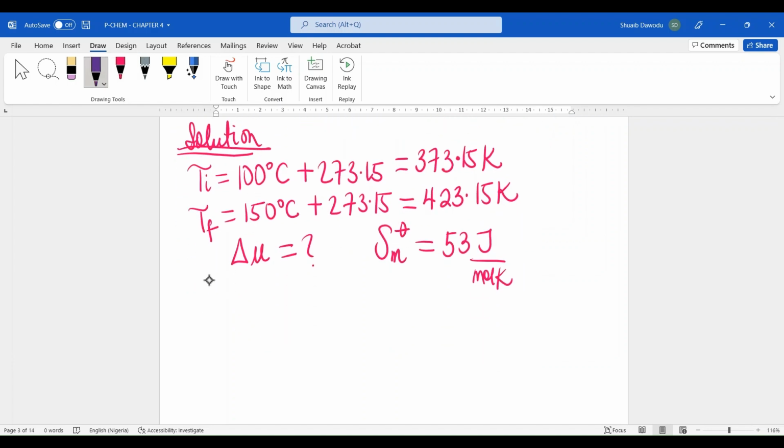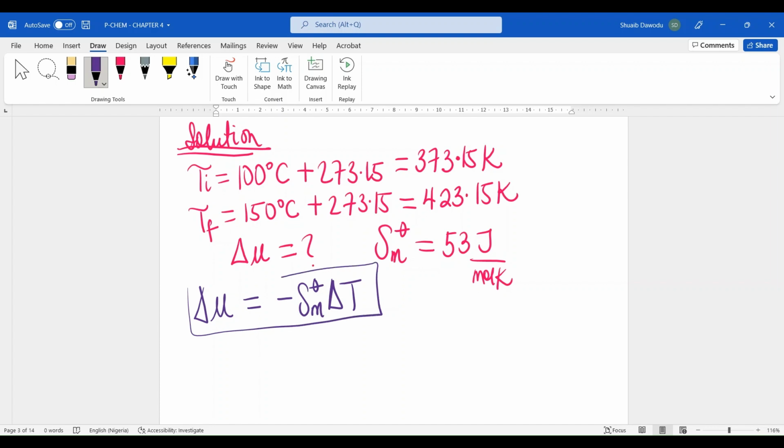So, the next thing we have to do is to write out the formula for finding molar entropy at constant pressure whenever there's a temperature change. So you have change in chemical potential is actually going to equal negative molar entropy times change in temperature.